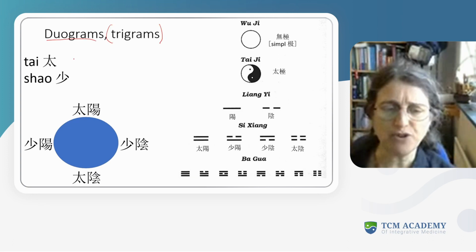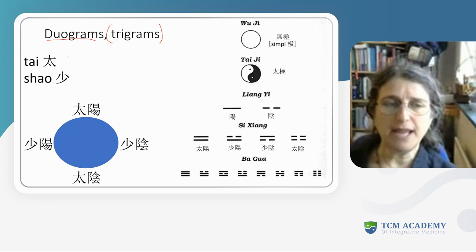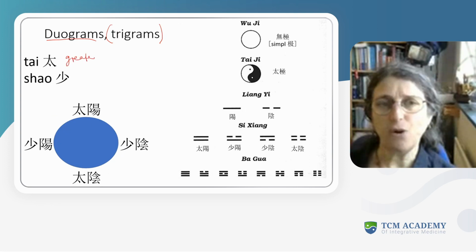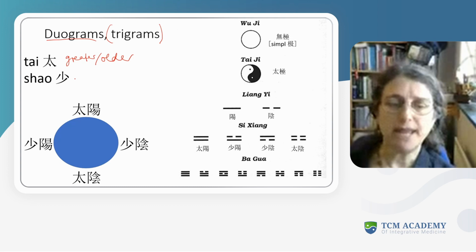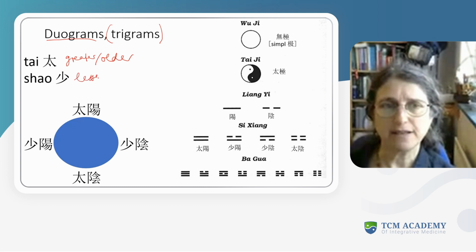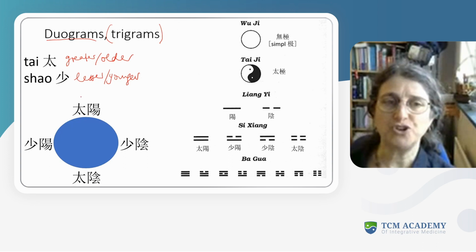Okay, so first of all, we've got Tai. This character Tai means greater or older. And this character Shao means lesser or younger. And here we have the duograms.